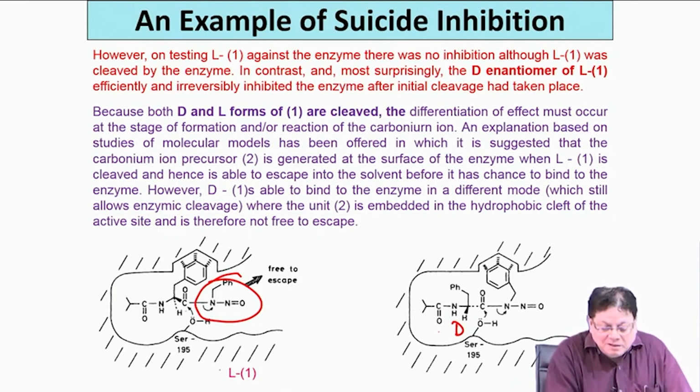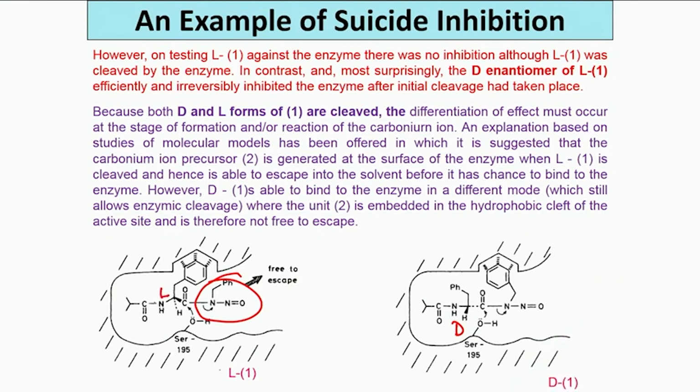This was L. Remember, proteins are all made of L amino acids, and so it is natural that the enzyme will also recognize only L amino acid containing molecules. It will not recognize the D.